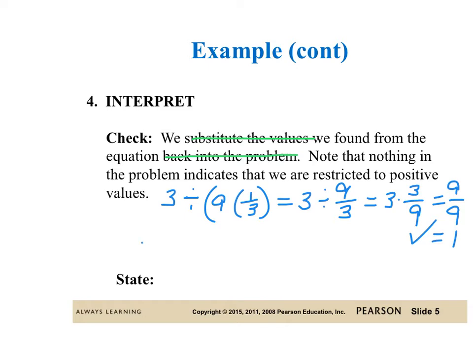Similarly, negative 3 divided by, and let's just go ahead and multiply 9 times 1 over negative 3 and say that that's negative 9/3, would be 3 times negative 3/9, which would be negative 9.